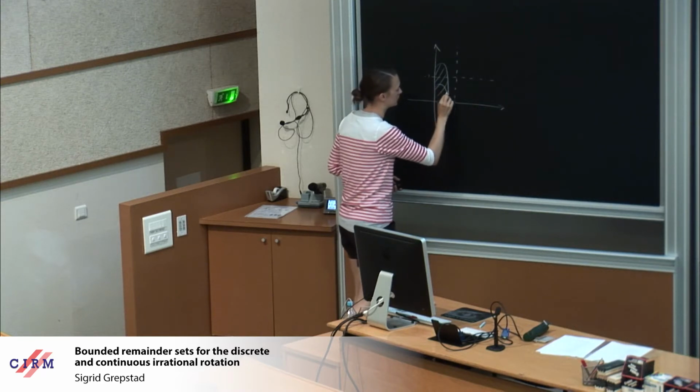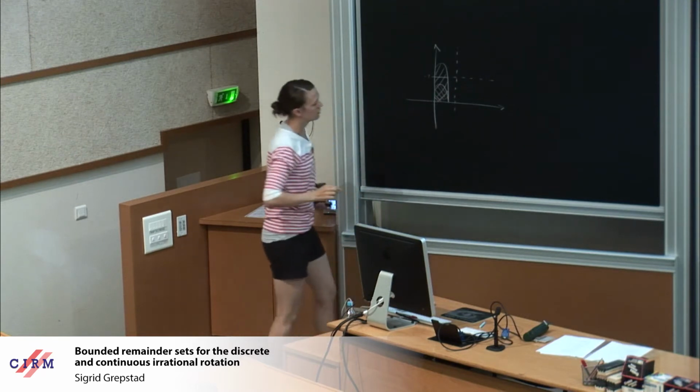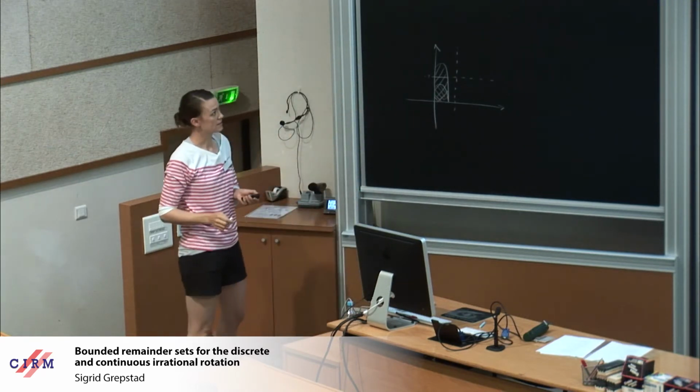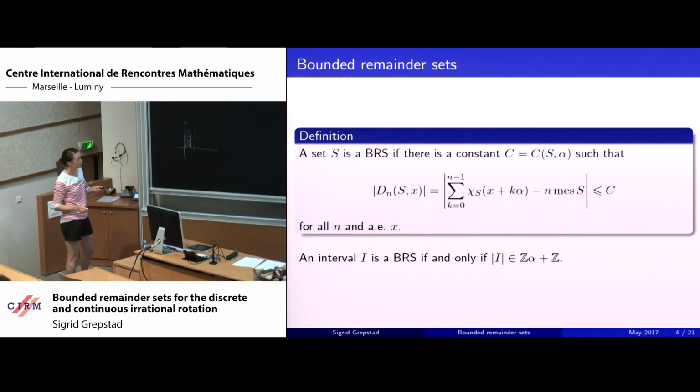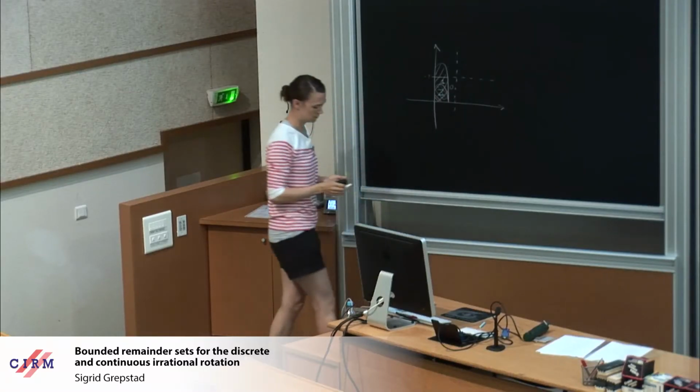So that's going to look like this, sort of. And I take this chi of S to be the multiplicity function for my set rather than the indicator function. So it takes the value 2 here, the value 1 here, the value 0 here.